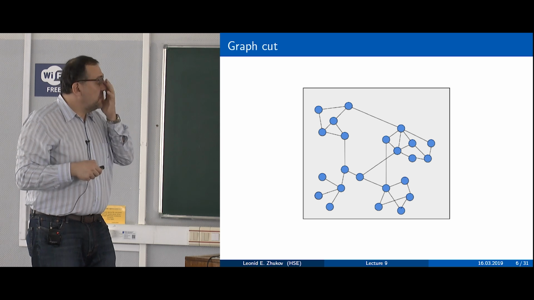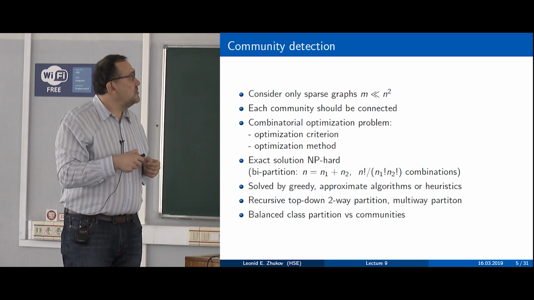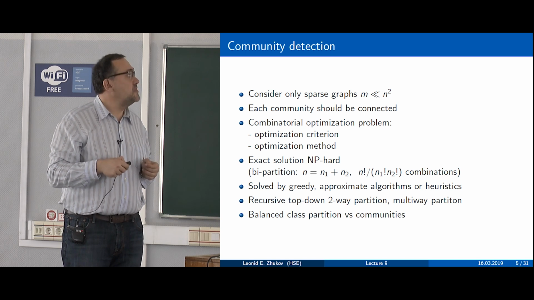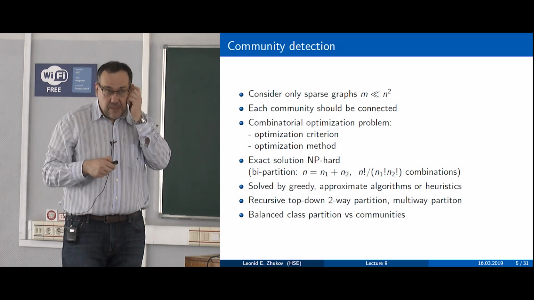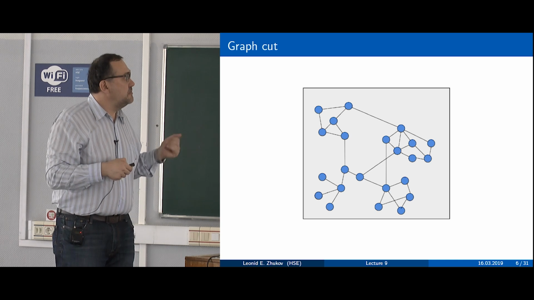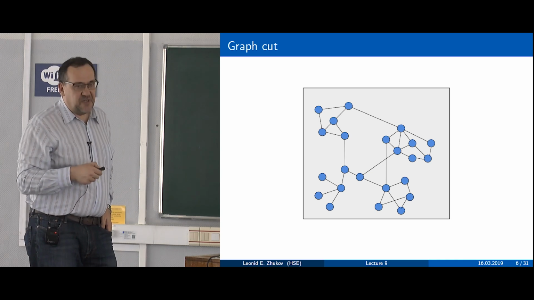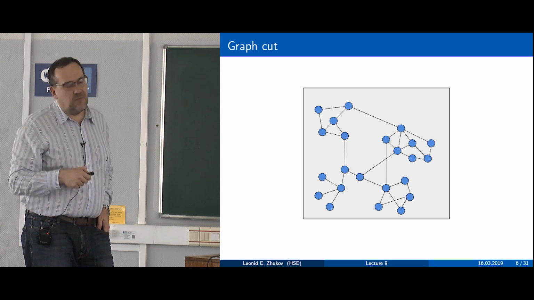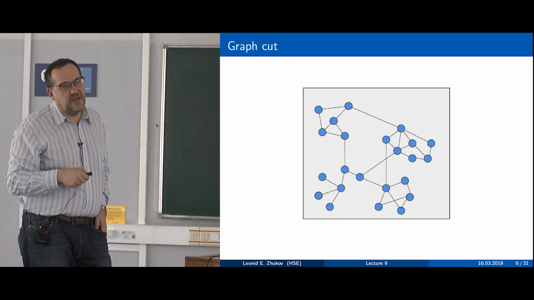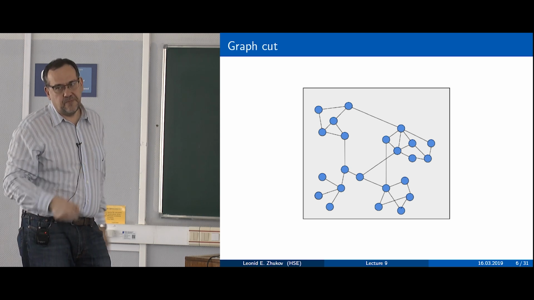So, graph cuts, right? As I mentioned, first we want to figure out what we're going to optimize, and then we're going to optimize it. So first we need to find some criteria for partitioning and then optimize it. If I want to see if my partition is a good one, what would be the easiest criteria we could use?